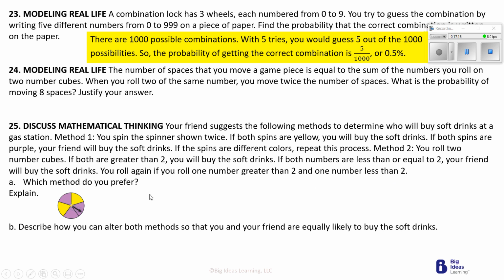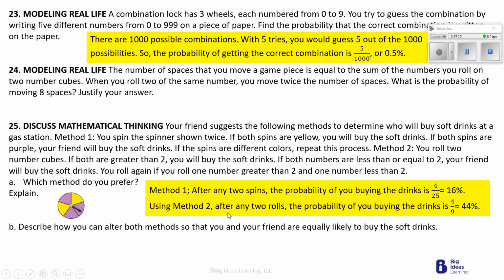Which method do you prefer? Well, in method 1, after any 2 spins, the probability of you buying this drink is 4 out of 25, which is 16%. Using method 2, after any 2 rolls, the probability you buy the soft drink is 4 out of 9, which is 44%.